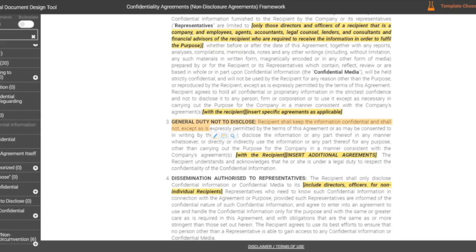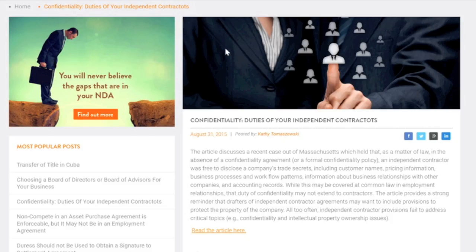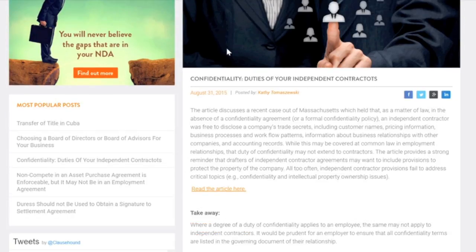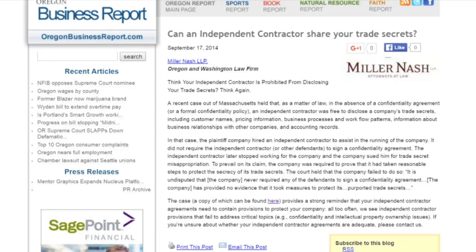We took a look at a case in an article relating to this point, which we found very interesting, and that's found within our Clausham blog: Duties of confidentiality for independent contractors. In this case, we were interested to see that the court upheld the position that there is no duty of confidentiality that exists in absence of A, an agreement to that effect, or B, conduct that indicates the requirement for confidentiality.